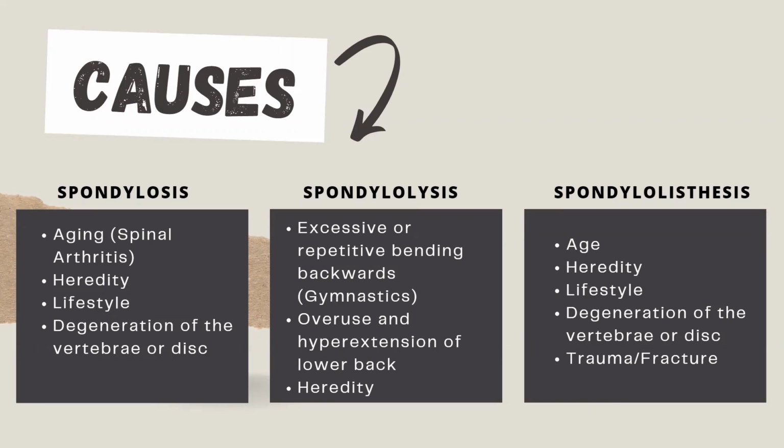Because smoking increases the progression of aging, so pinapabilis niya yung pagtanda ng bones natin. Then for the degeneration of vertebra or disc, na-mention ko kanina na kapag nawala yung isang vertebra o kaya nawala yung disc na function niya is shock absorber, may possibility na yung vertebra natin every time na gumagalaw tayo is nagkikiskisan, and over time, nagkakaroon ng bony spur sa vertebra na yun, which causes spondylosis.